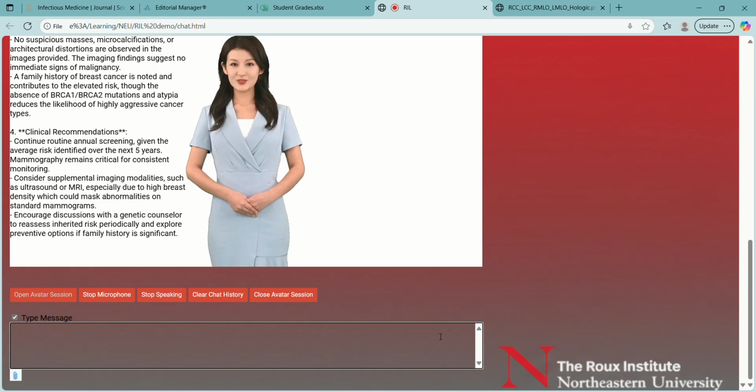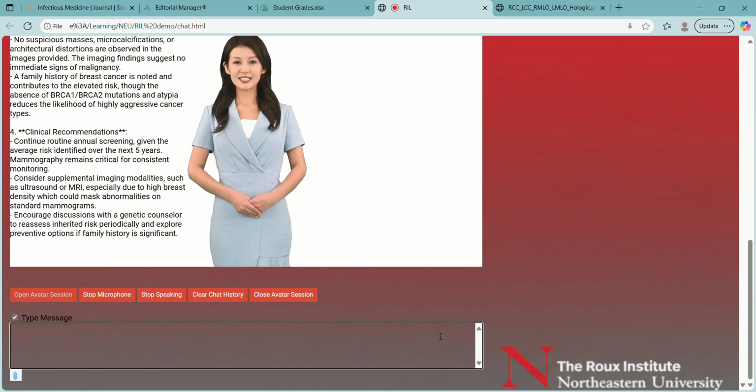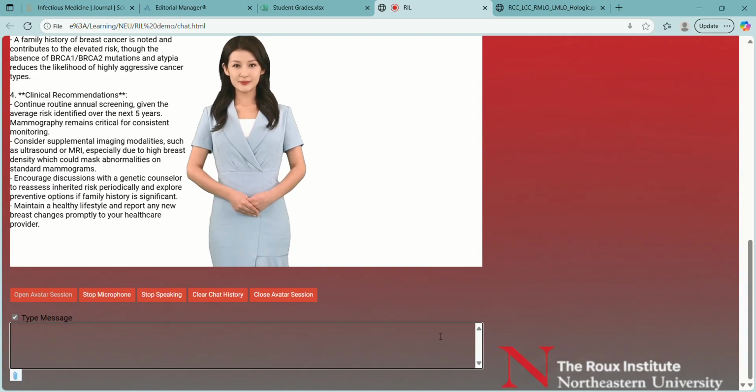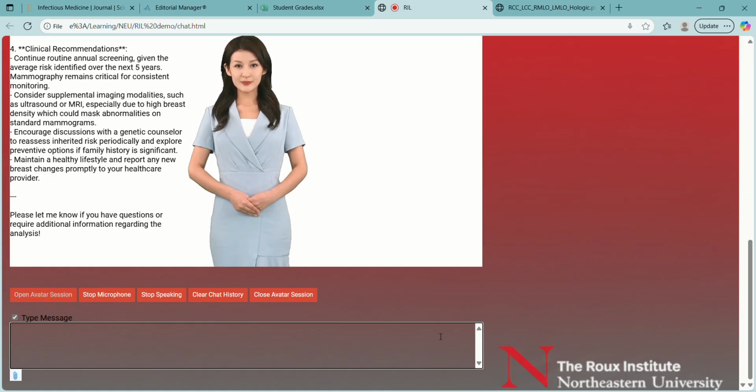Encourage discussions with a genetic counselor to reassess inherited risk periodically and explore preventive options if family history is significant. Maintain a healthy lifestyle and report any new breast changes promptly to your healthcare provider. Please let me know if you have questions or require additional information regarding the analysis.